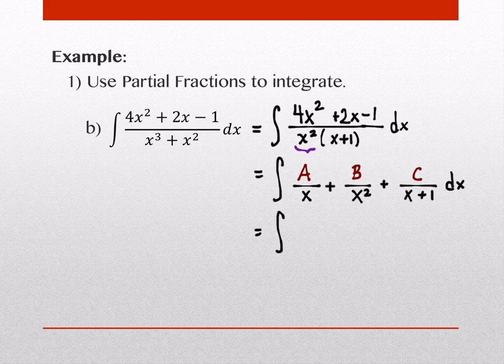This first fraction will have to be multiplied by x and x plus 1. The second fraction will have to be multiplied just by x plus 1. Is that green visible enough? It's a little bit bright. And then the third fraction will be multiplied by what? Yeah, somebody said x squared.